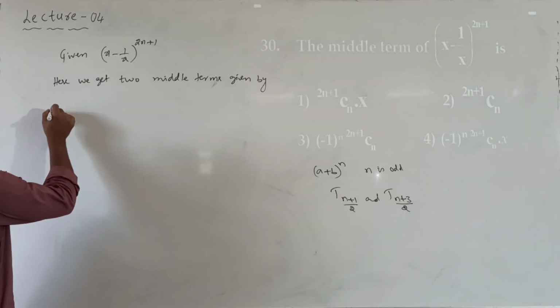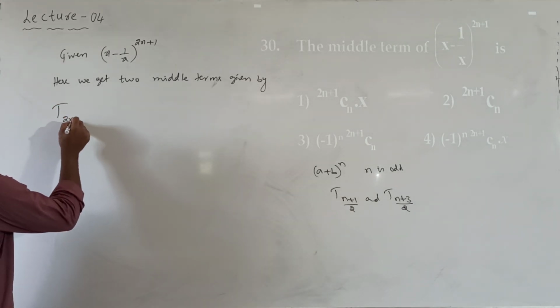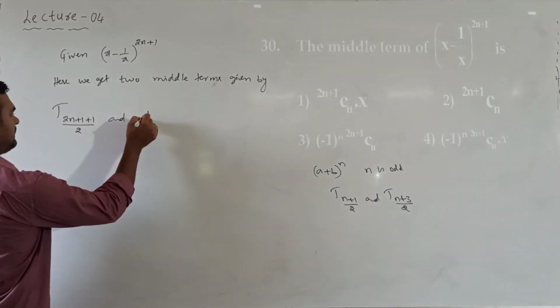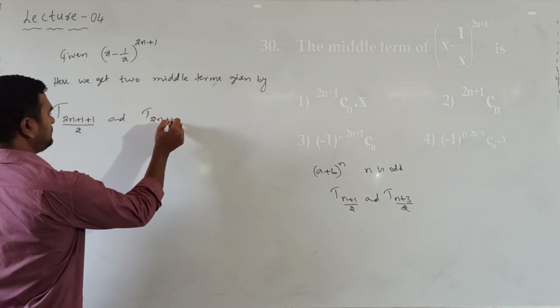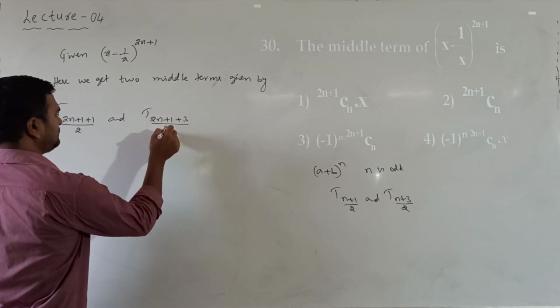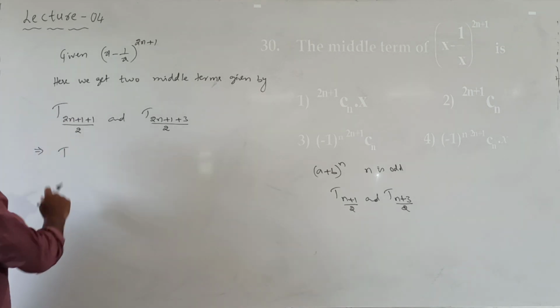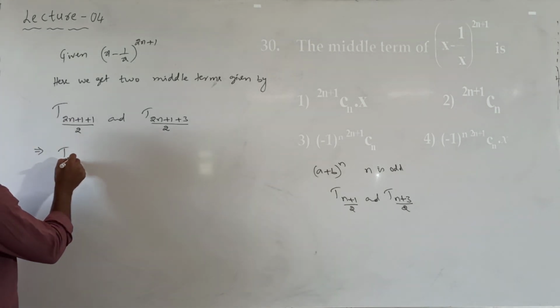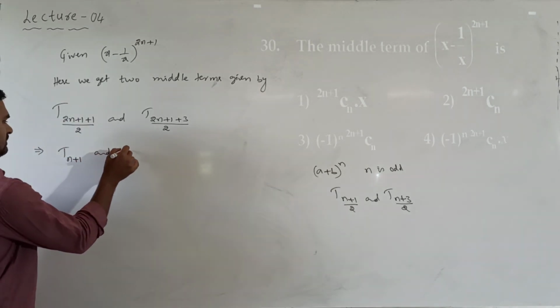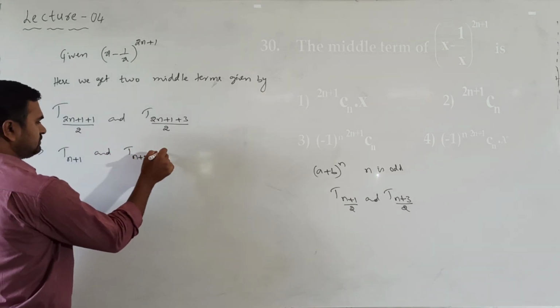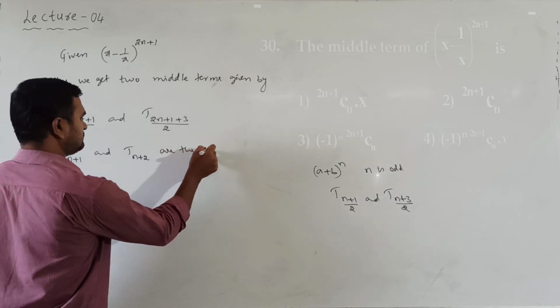So the middle terms are T (2n plus 1 plus 1) by 2 and T (2n plus 1 plus 3) by 2. So that is T n plus 1 and T n plus 2, the middle terms.